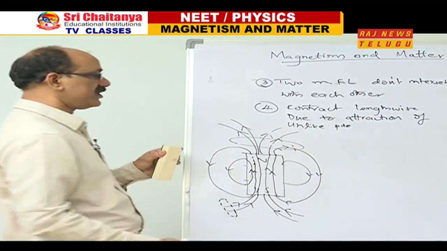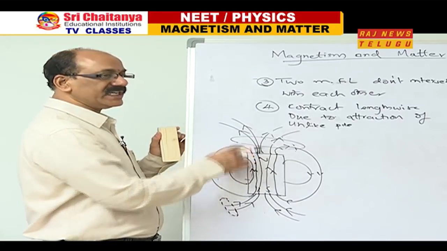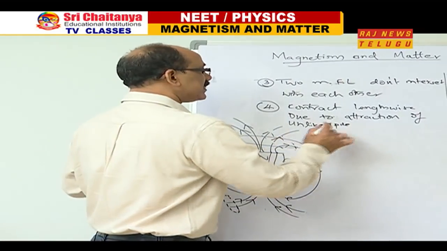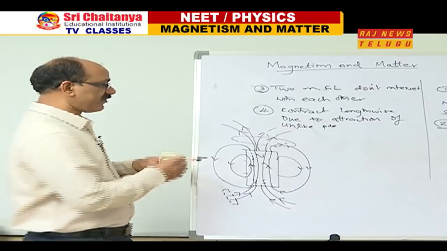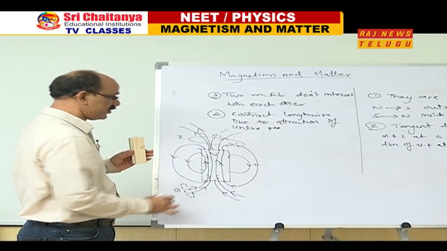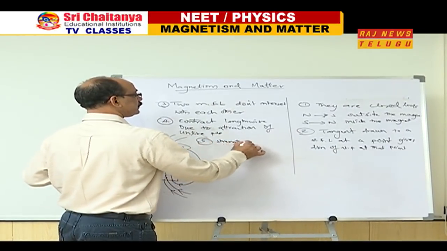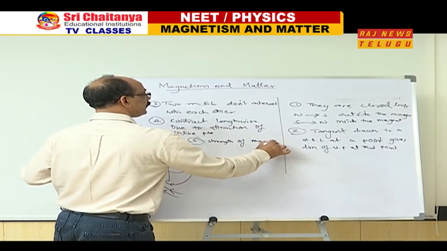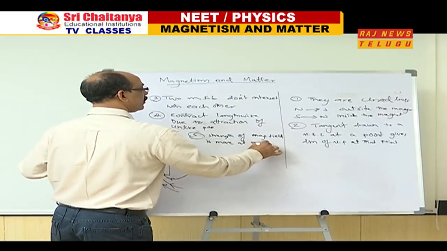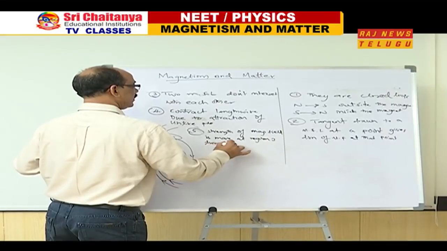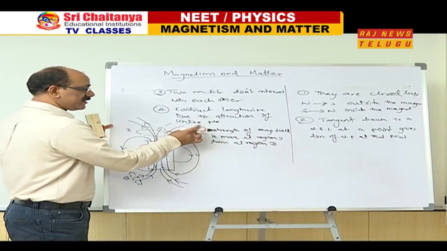If you consider this as region 1 and this as region 2, the strength of the magnetic field is more at region 1 than at region 2.